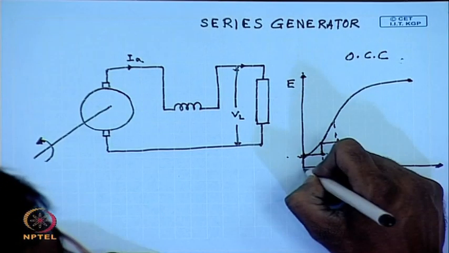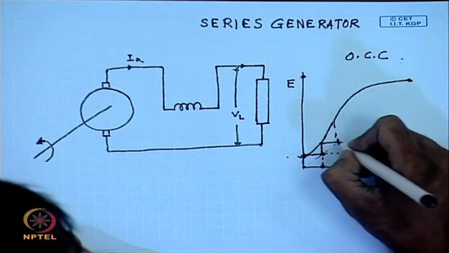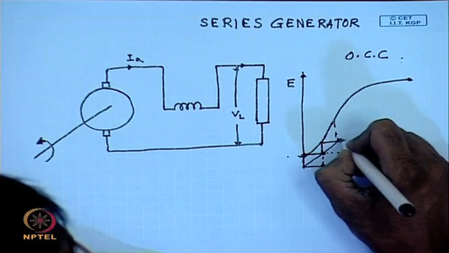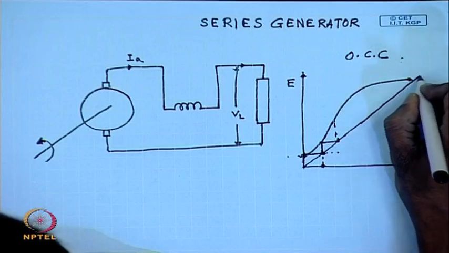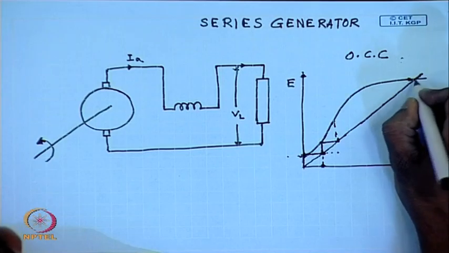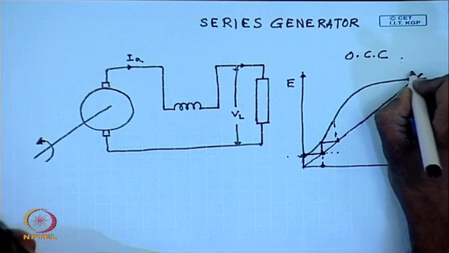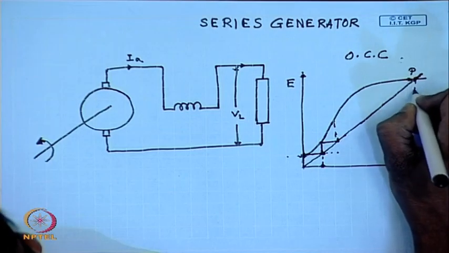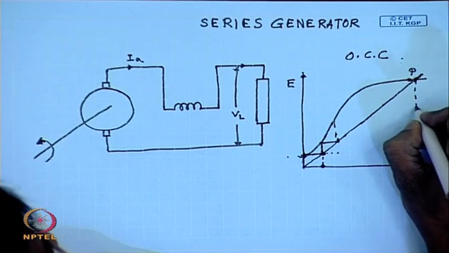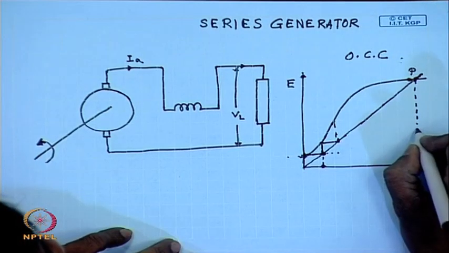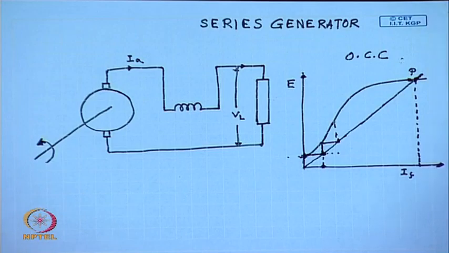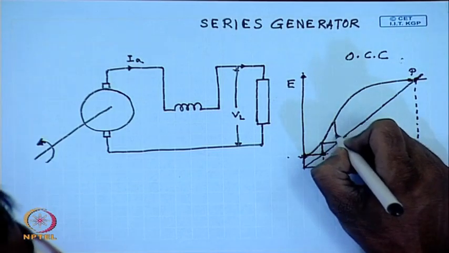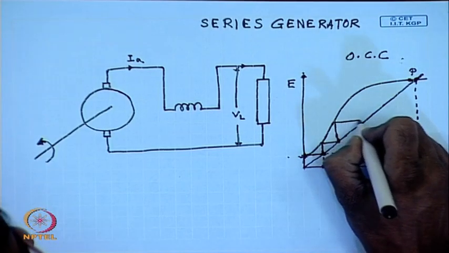And in this process the voltage across the generator terminal will build up and finally settle at the point P, where the load line meets the OCC. So, this is the self excitation process in a series generator.